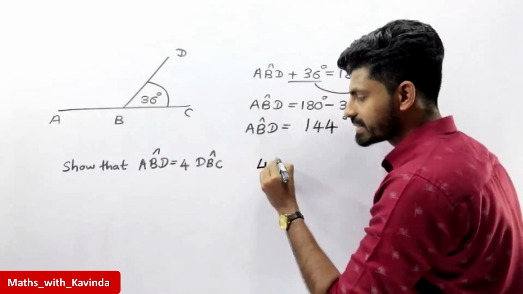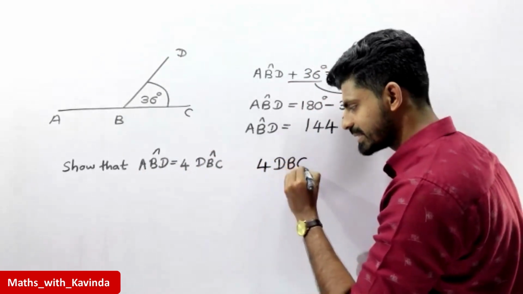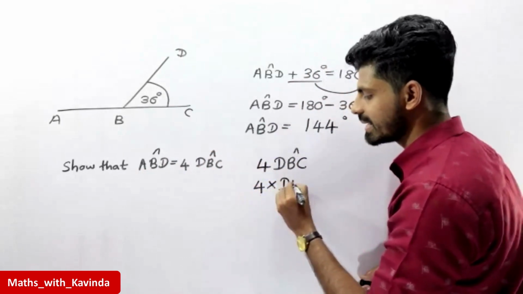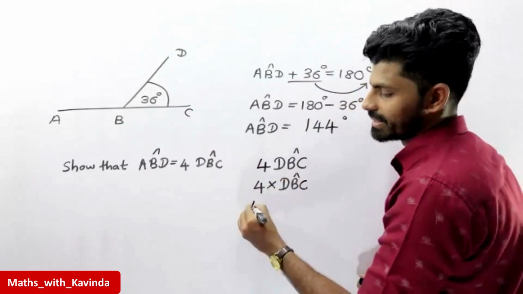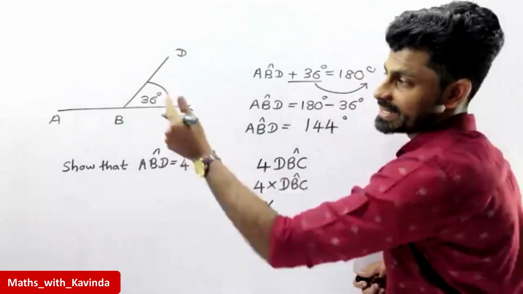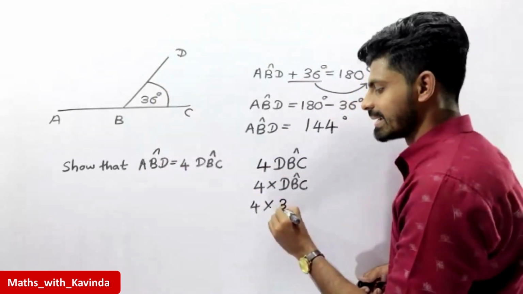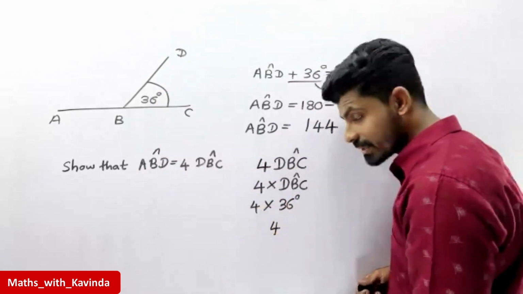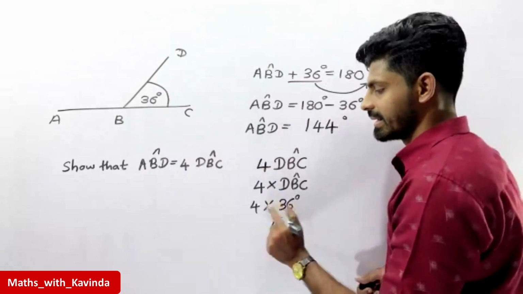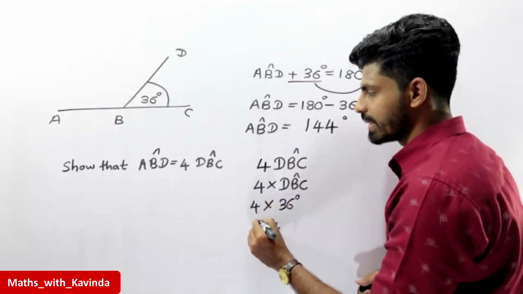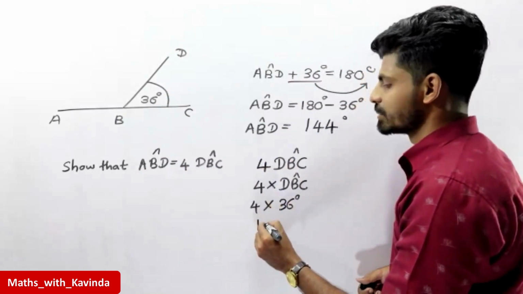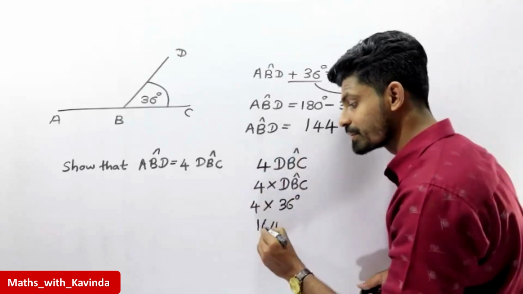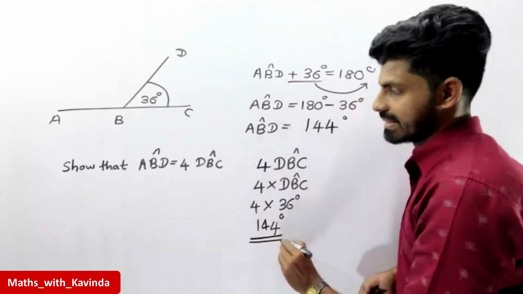4 times DBC. So that means 4 multiplied by DBC, which is 4 multiplied by 36. 4 into 6, 24, 4 into 3, 12, 12 plus 2, 14.